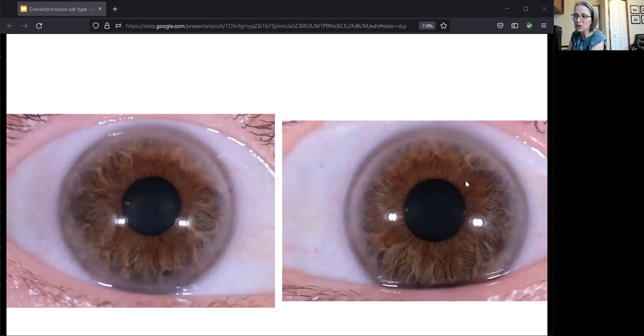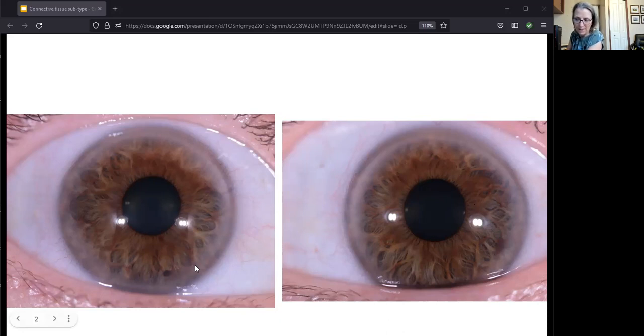What we see in her eyes, what we're looking for with connective tissue, is a very disorganized fiber structure from the collarette to the limbus. And so she's got a very heavy lipemic diathesis, but when we look at the fiber structure outside of the collarette, and even inside the collarette with these large lacunae, what we see is a very disorganized fiber structure.